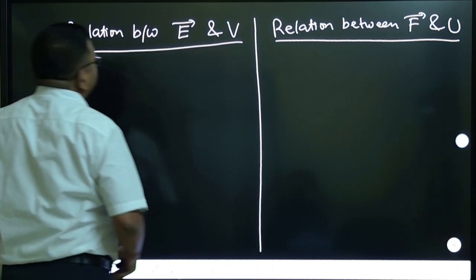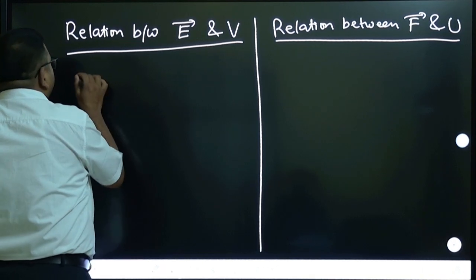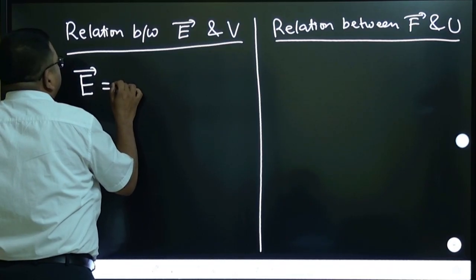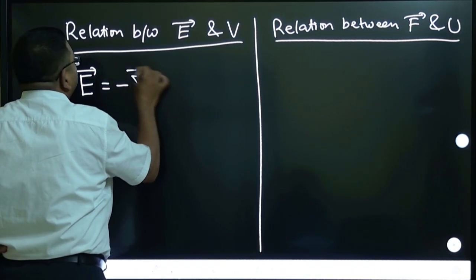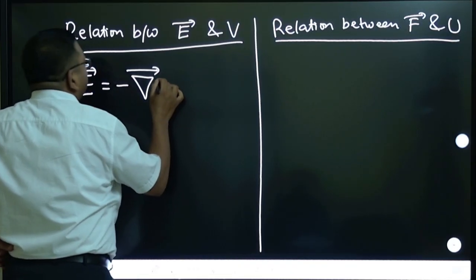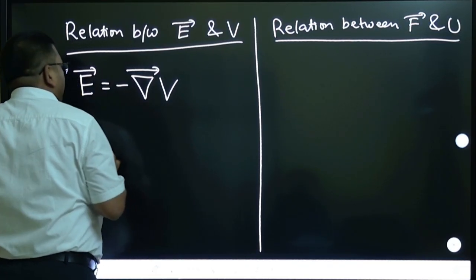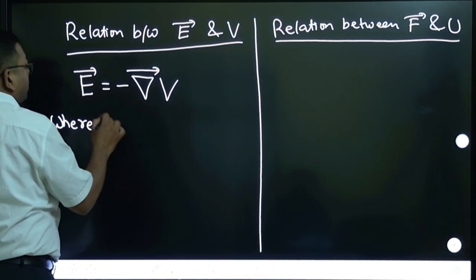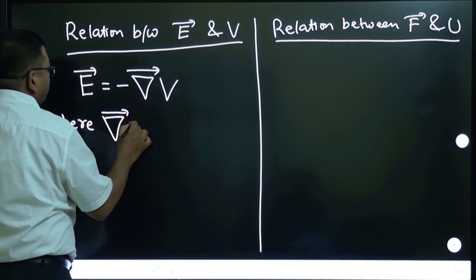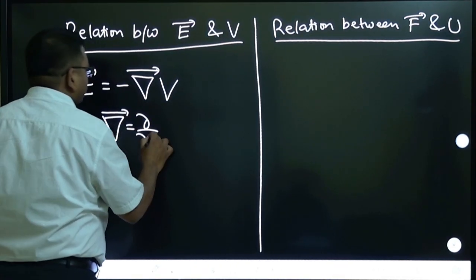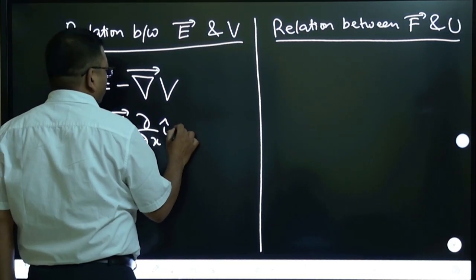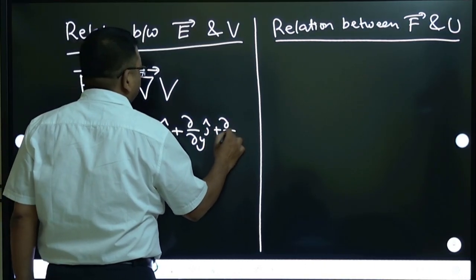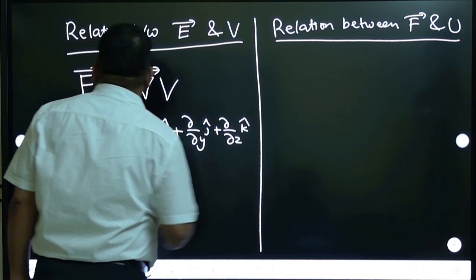Let's understand that. We should know that the field is given as minus del vector of V. And what is del vector? Del vector is partial differentiation: dou by dou x i cap plus dou by dou y j cap plus dou by dou z k cap.